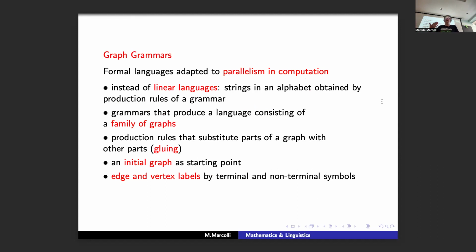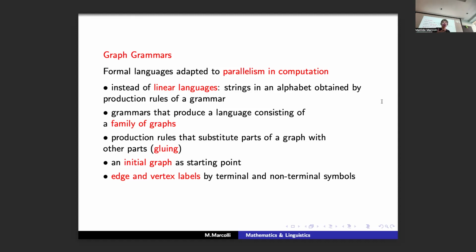And in particular, when you want to describe computations that have a lot of parallel computing involved, it's sometimes more convenient to use things that take care of some graph architecture of your computational system, and not just of the actual string of instructions, tape instructions on your automaton. And so this extension of formal languages was partly developed to deal with parallel computing problems.